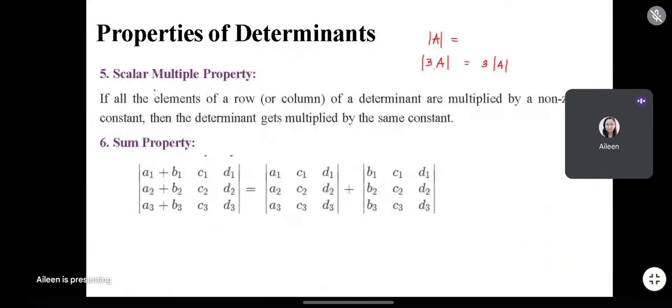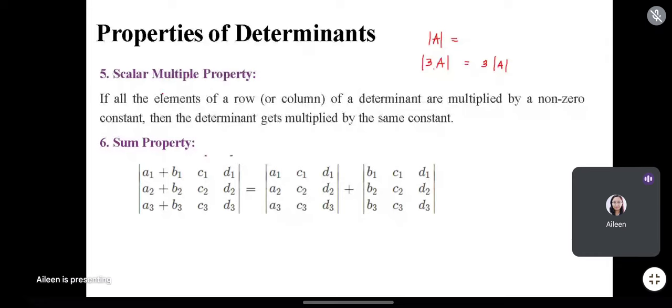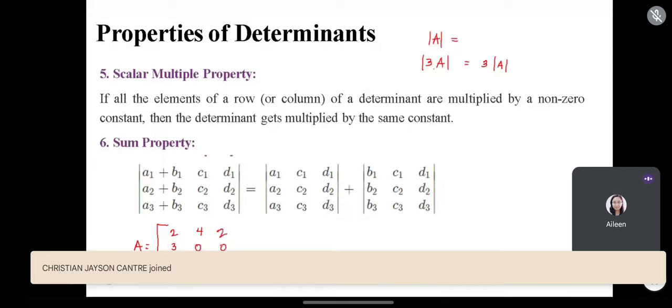Next is the scalar multiple property, ibig sabihin, all elements of a row or column of a determinant will be multiplied by a non-zero constant, therefore by the same constant. For example, you have matrix A, which is equal to 2, 3, 1, 4, 0, negative 1, 2, 0, 2.